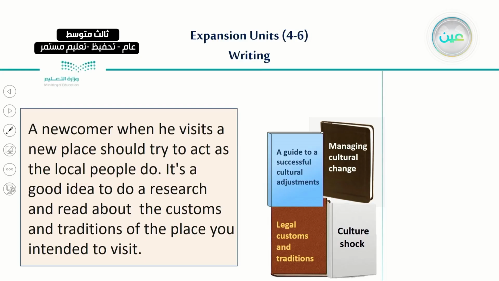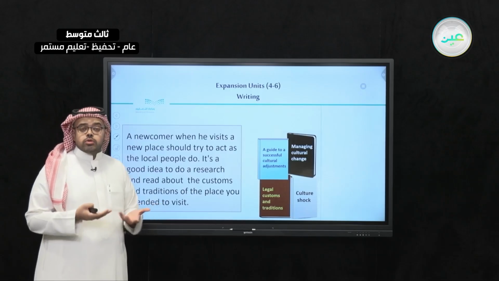It is a good idea to do research and read about the customs and traditions of the place you intend to visit. So this is my first piece of advice to a newcomer, which is that when you go to a new place or a new country, try to act as the local people do.